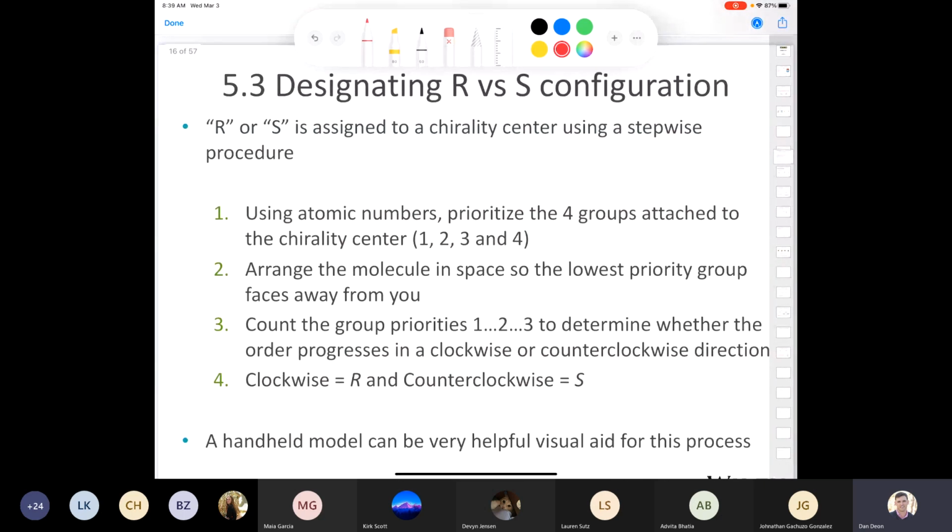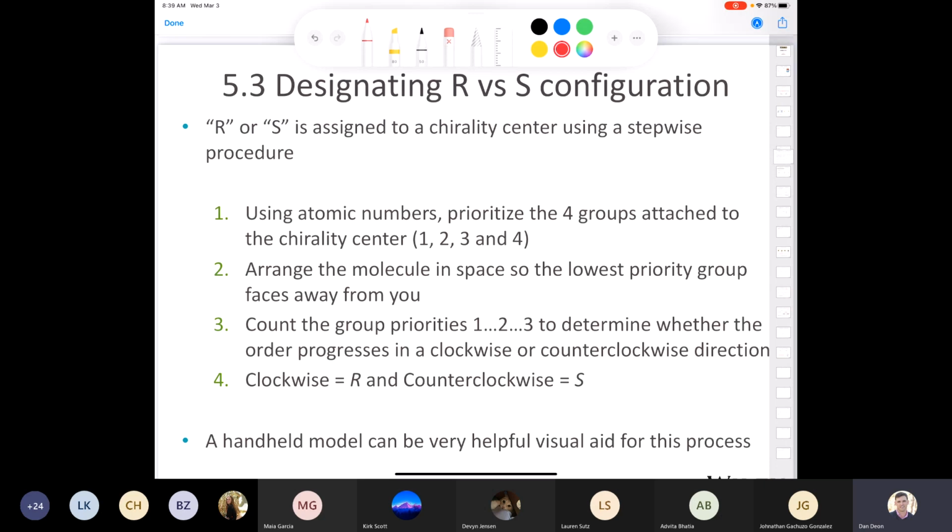Using atomic numbers, the numbers on the periodic table. Nitrogen has an atomic number of 7. Oxygen has an atomic number of 8. So using atomic numbers, the 4 groups attached to the chirality center, you're going to prioritize them 1, 2, 3, 4.